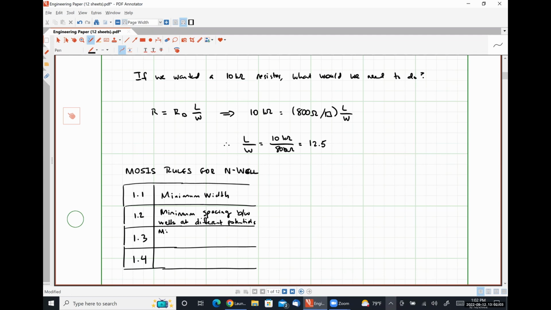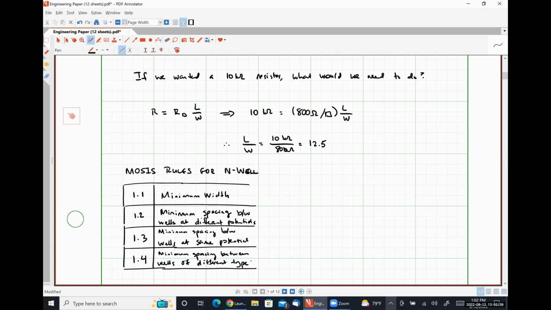Then we have minimum spacing between wells at same potential. And then we have minimum spacing between wells of different type.